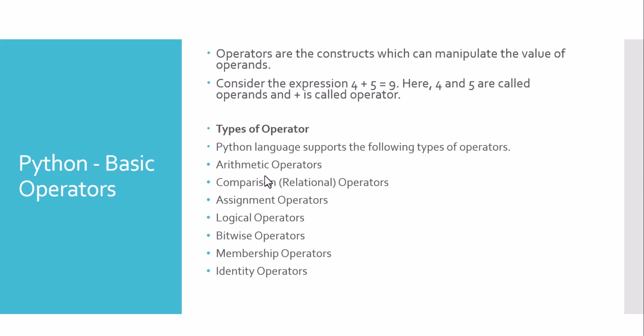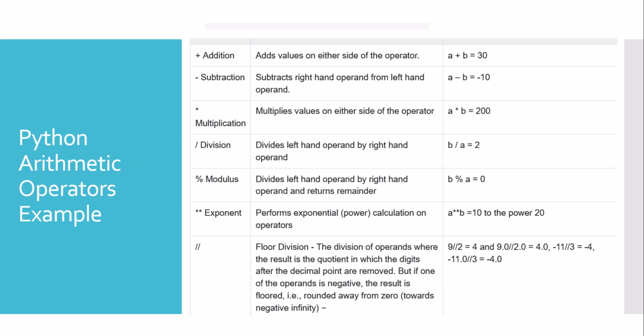Okay. Then how many types of operators? The Python language supports the following types of operators: arithmetic operators, comparison or relational operators, assignment operators, logical operators, bitwise operators, membership operators, and identity operators. So we will cover them one by one.